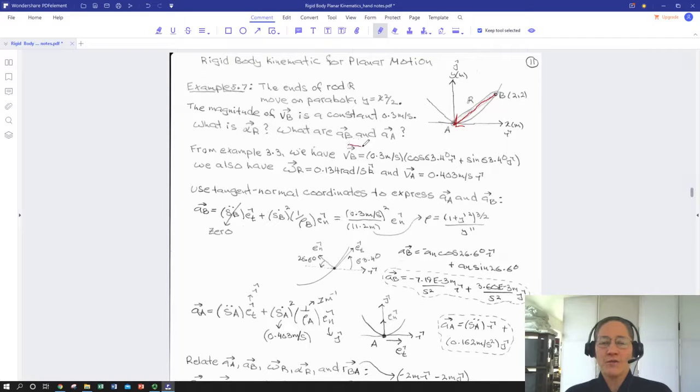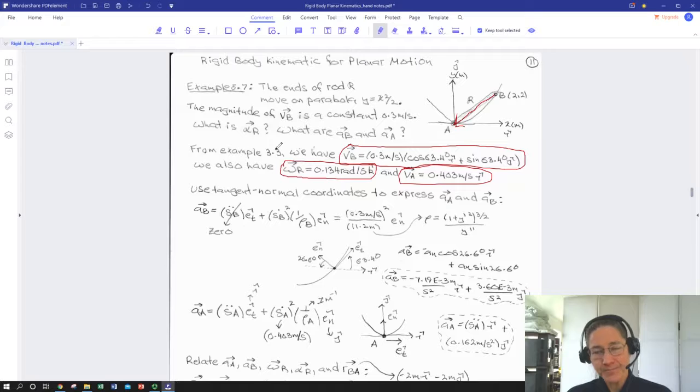So we are going to bring over our full expression for the velocity of B from our previous problem. In our previous problem we used that and co-developed our angular velocity of the rigid body, which we're definitely going to need for that third term in our acceleration, and we also have the velocity of point A. Again, this is a tangent-normal kind of coordinate system problem because we're looking at things that are normal and tangent to the curve.